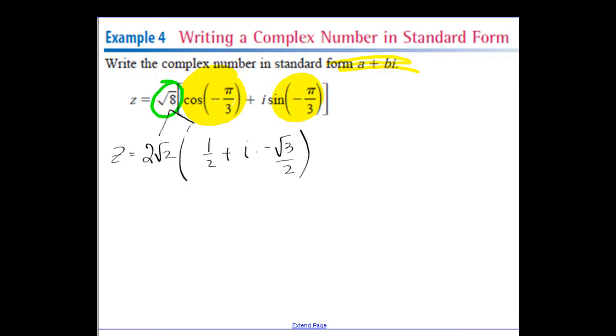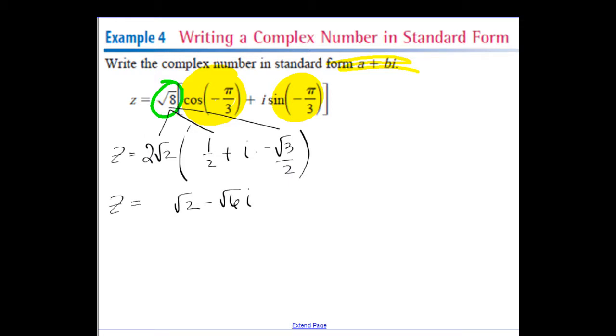So let's distribute that 2 root 2 to each of those terms. So first I see that this 2 cancels with that 2, leaving me root 2. Second distribution, I see that this 2 cancels with that 2 in the denominator, leaving me root 2 times root 3, or negative root 6.